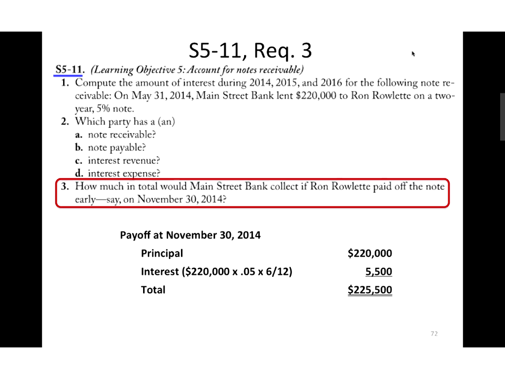It would be June, July, August, September, October, November. So it's $220,000 times 5% annual rate times the 6 months divided by 12. So you're always doing the number of months divided by 12. That gives us interest of $5,500. So the total payoff on November 30th would be $225,500.